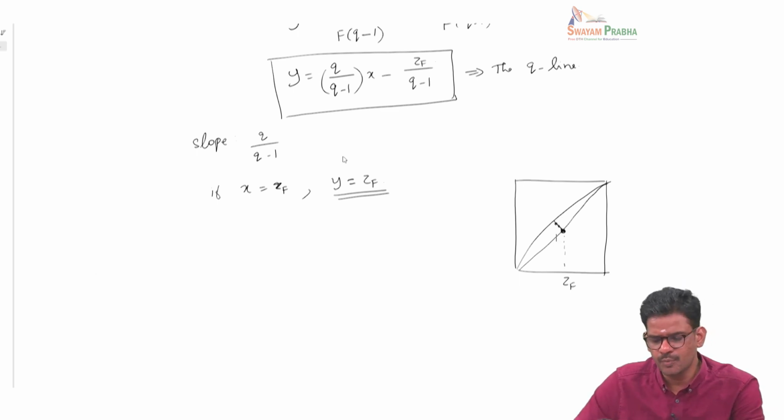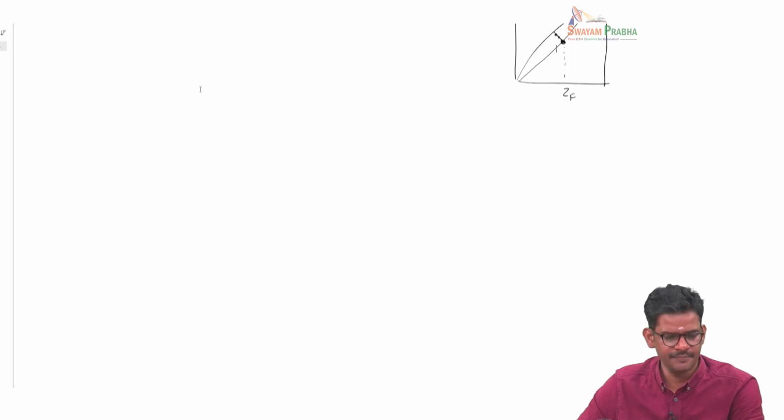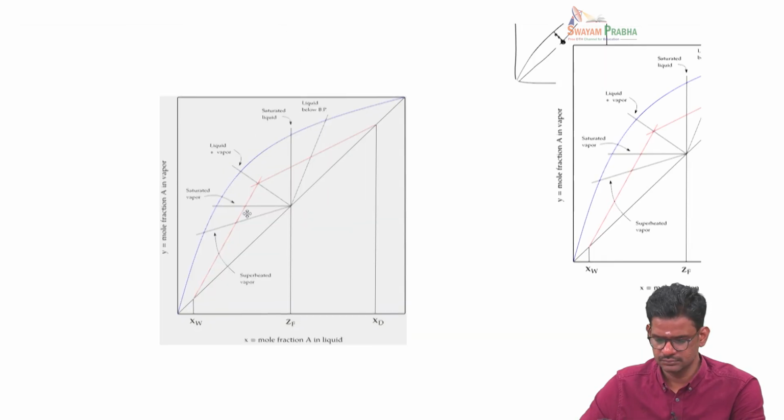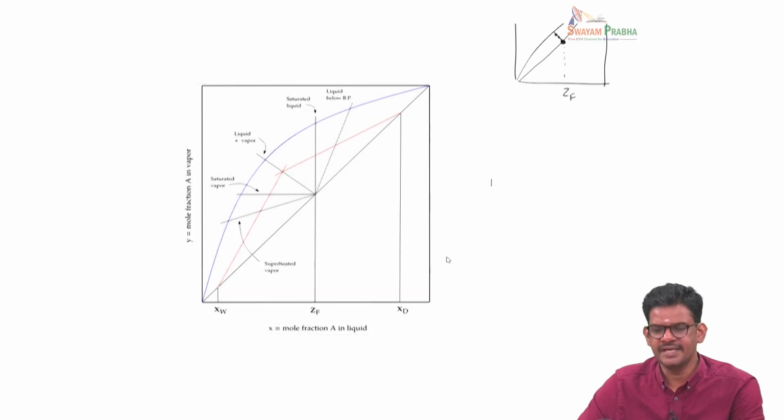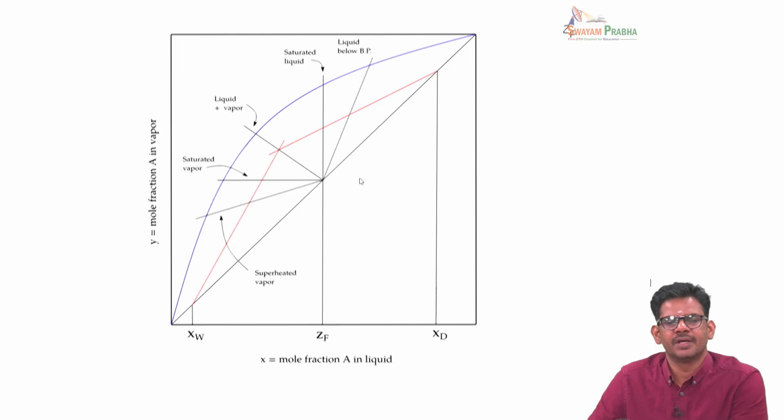Now depending upon the values of this q, we may see different kinds of q lines in the equilibrium diagram. So let's take an example of this. So this diagram lists various possible q lines.